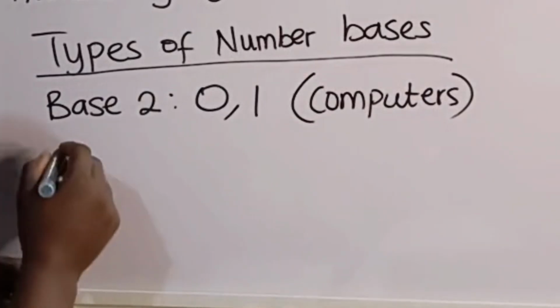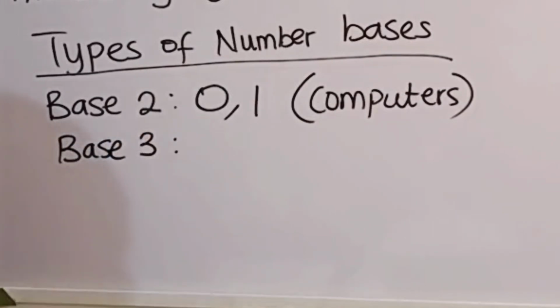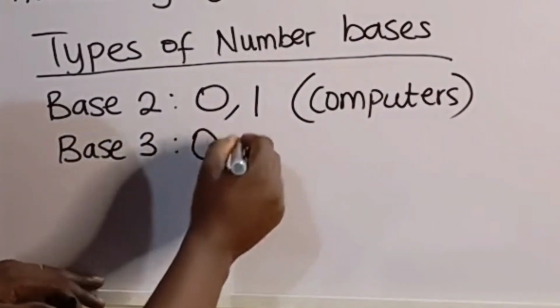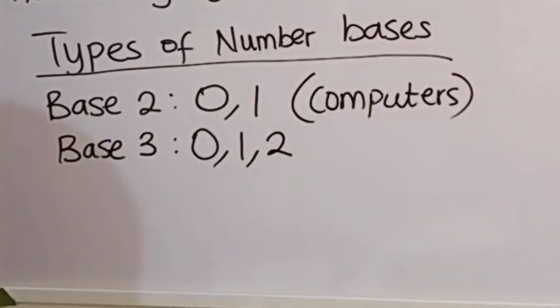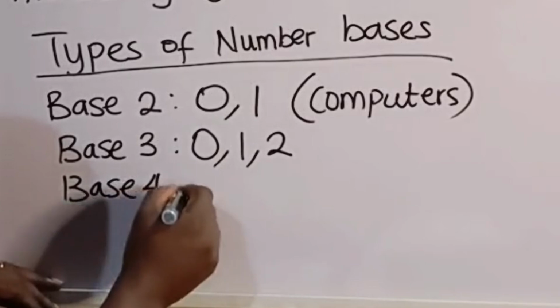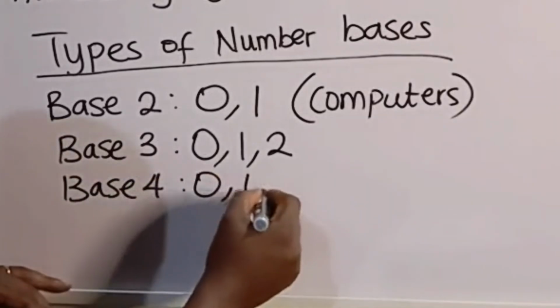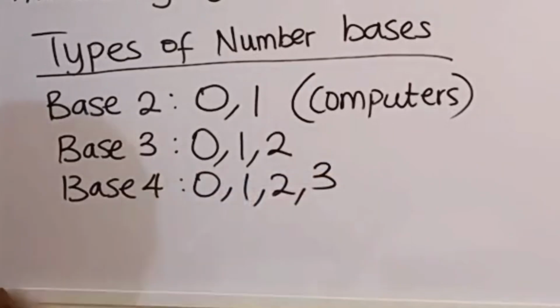We have base 3. Base 3 has 3 numbers. The numbers are 0, 1, 2. Base 4 has 4 numbers: 0, 1, 2, and 3.